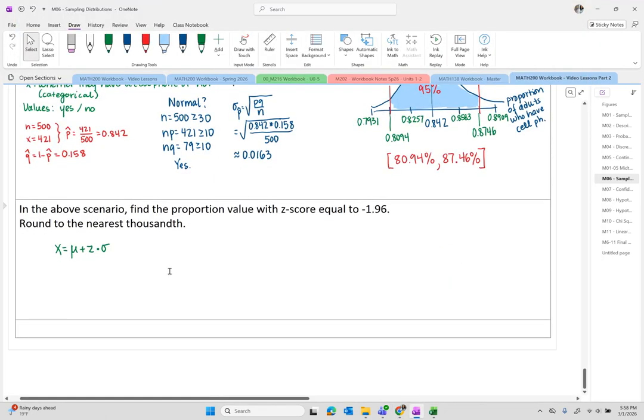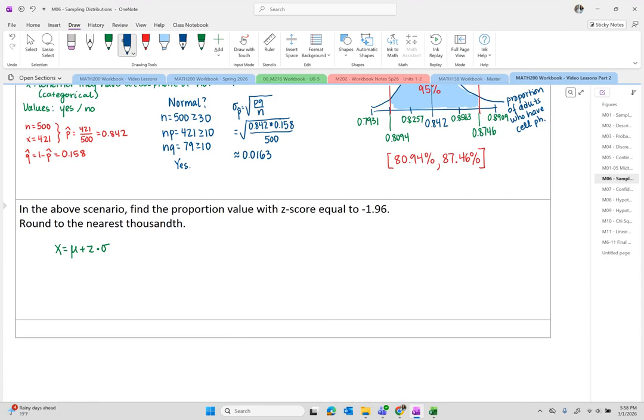So if we solve for x, x equals the mean plus z times sigma. The mean in this example is equal to 0.842 plus the z-score is negative 1.96 and the standard deviation was approximately 0.0163, and when I do this math the answer comes out to be 0.810052.